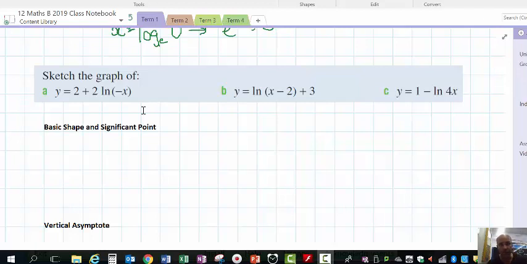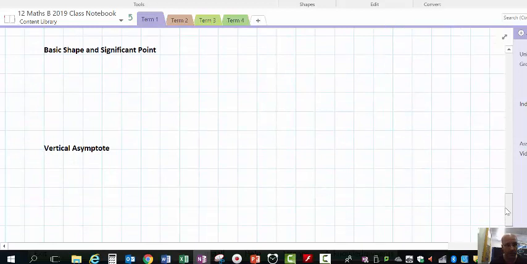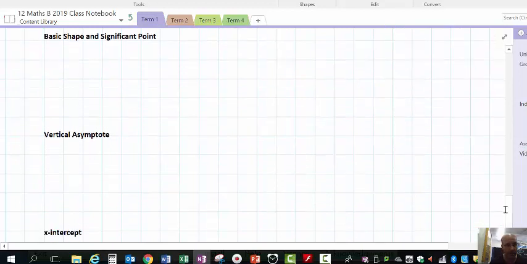Okay, let's consider some examples, and if you were paying attention to the earlier videos on graphing exponential functions, this should resonate. In these first few examples, we're going to use the same steps of thought: look at the basic shape, see which basic shape it matches, and use a significant point to see how the curve changes, at least initially, to give us an idea of how abrupt the change is.